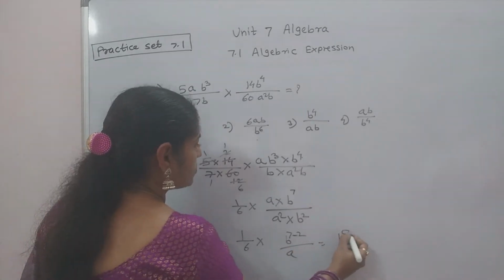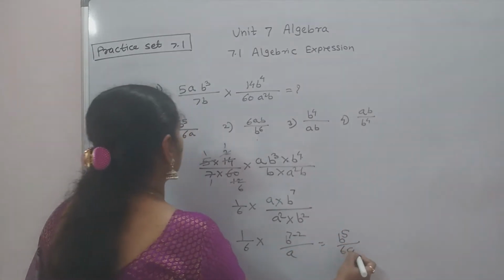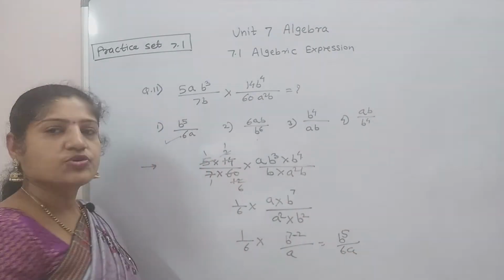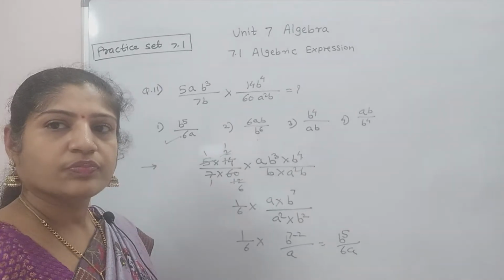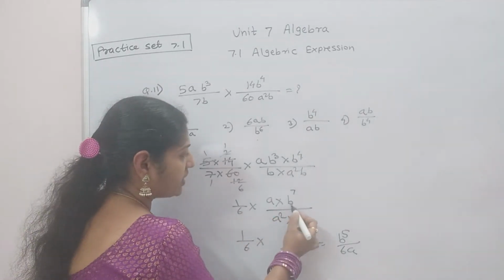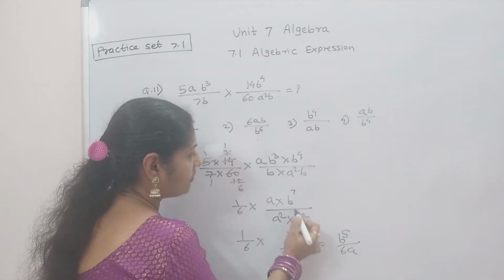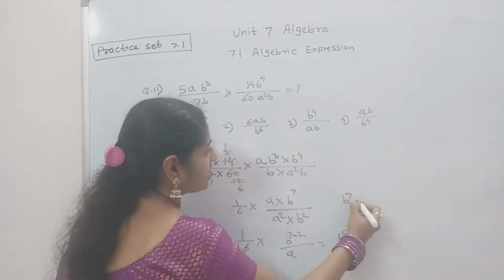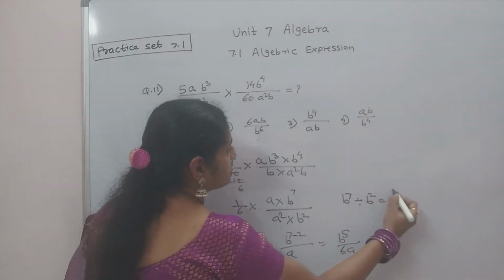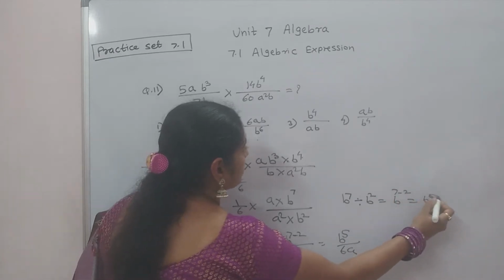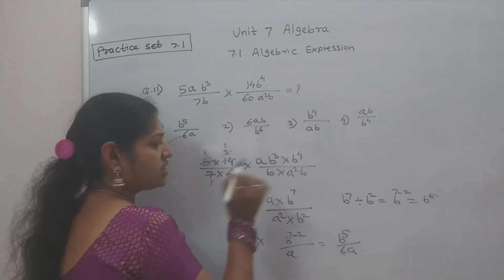So the answer is b raised to 5 upon 6a. Our answer is option number 1.